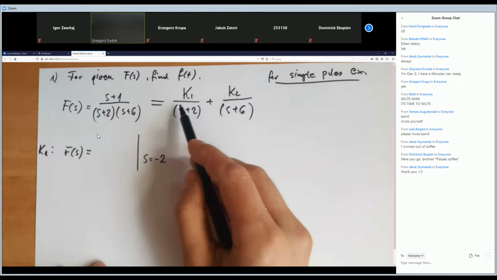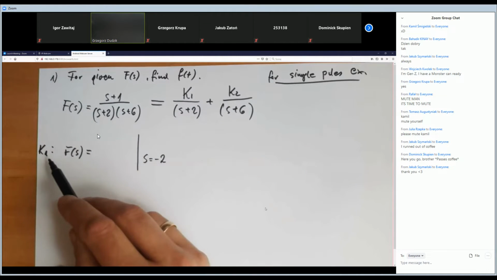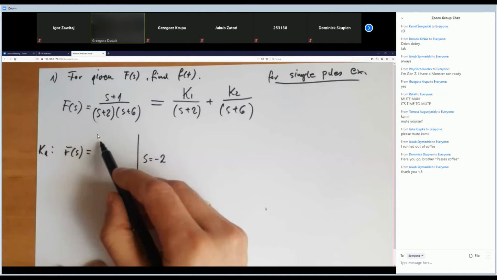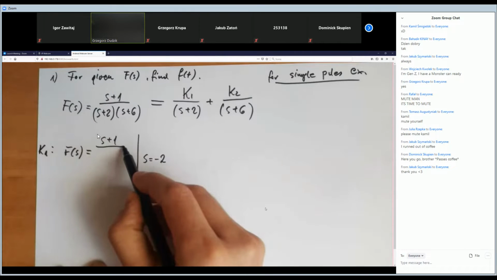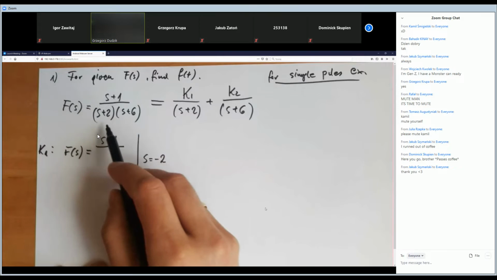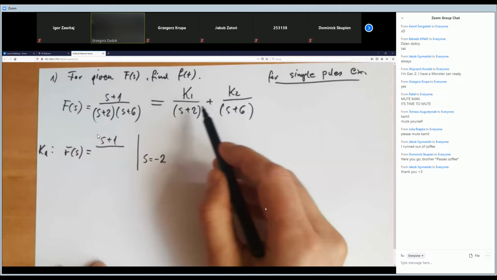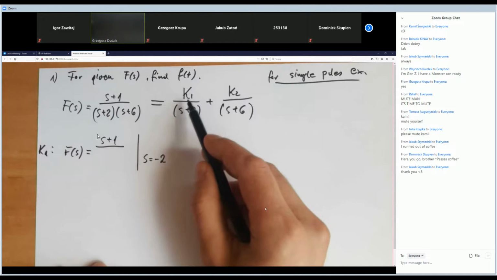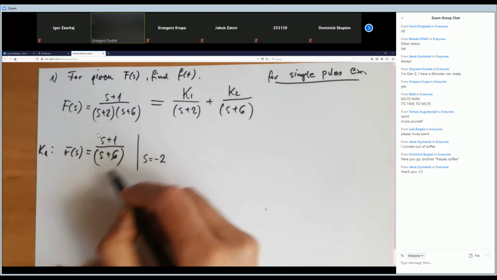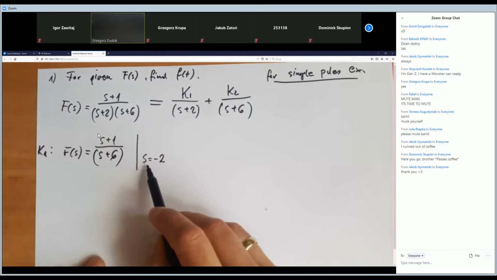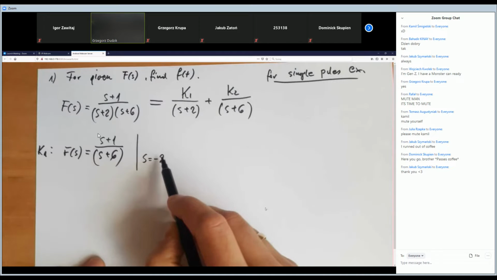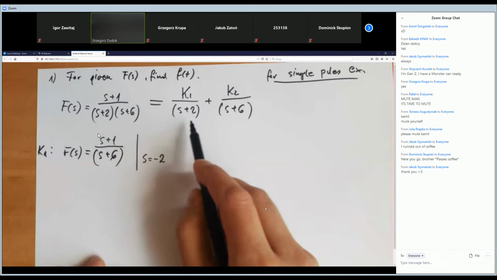We remove the component connected with the k1 factor, so it stays s plus 1 over s plus 6, and everything is calculated for s equal minus 2, the root of this component.